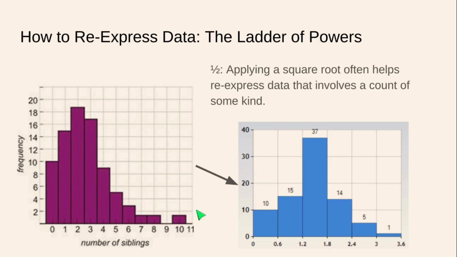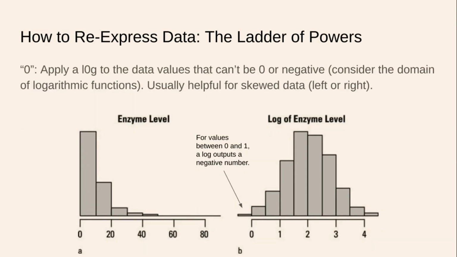You have a couple of high data values over here, but things are really bunched to the left. What we want to do is bring these fellas back into the fold. Re-expression yields a curve like this. It's not perfect, but it's certainly more symmetrical than what we started with. So when we're dealing with some kind of count, it's nice to have a square root at hand.